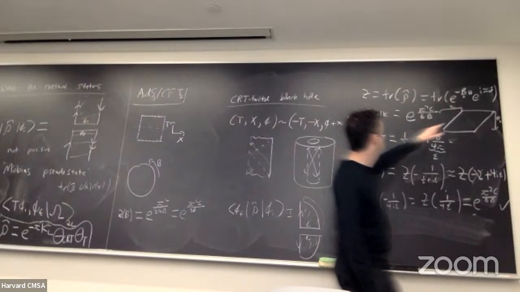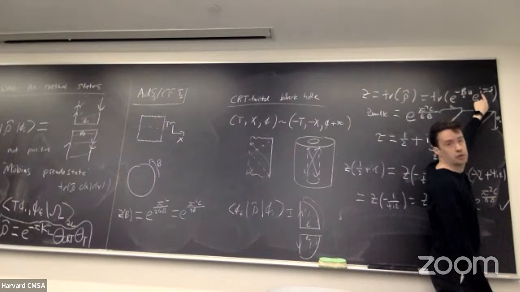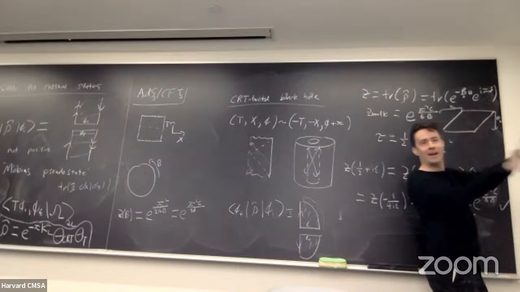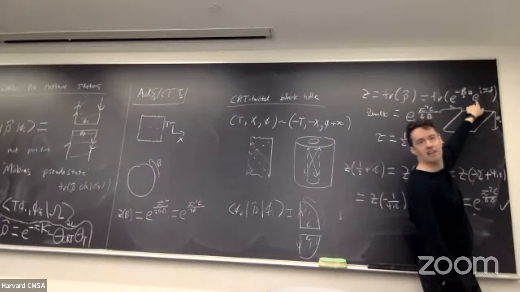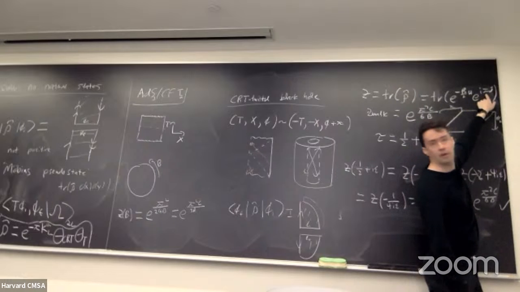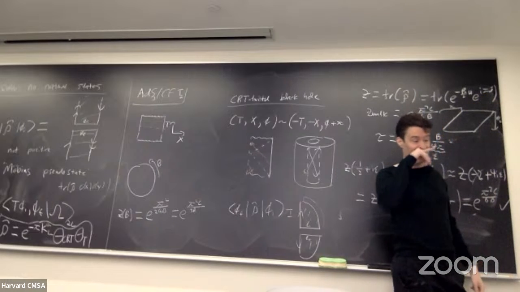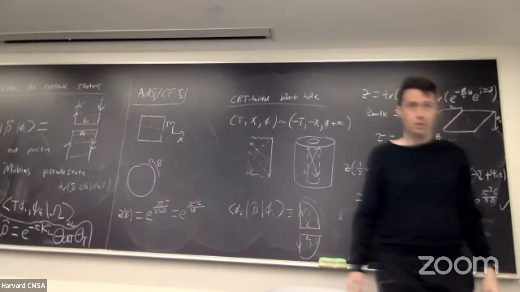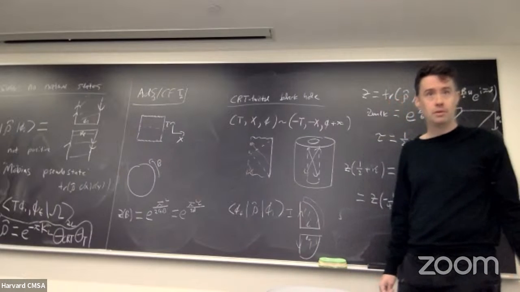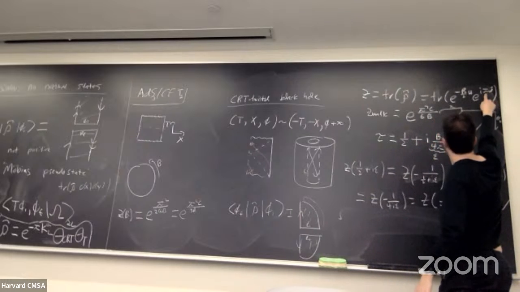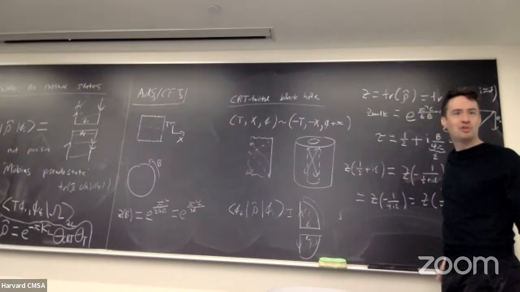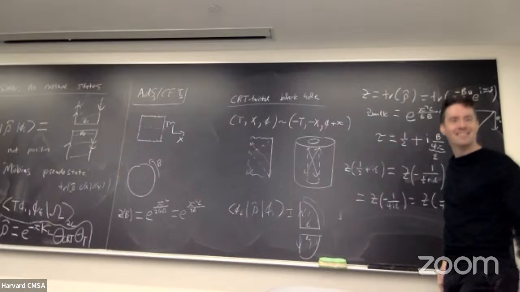If you want to get the rotating black hole, you want a real coefficient here, because you want to bias the ensemble towards states with non-zero angular momentum. This doesn't do that. It's just a phase. I see. So people are very good at the case where you put something real here. Yes. And actually, it matters that it's pi here. If you put 2 pi, then it's BTZ again.